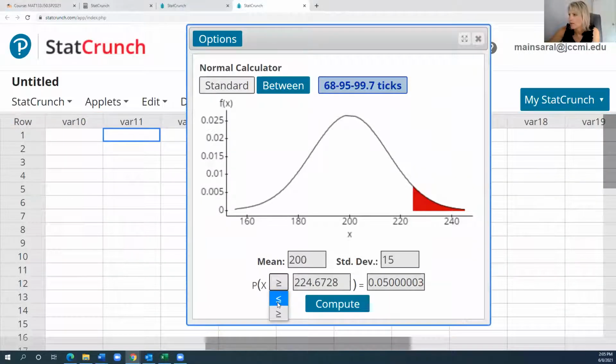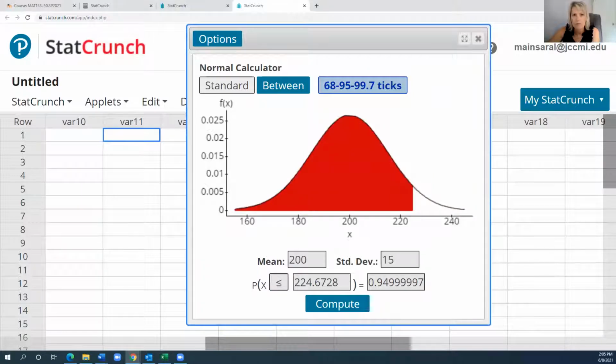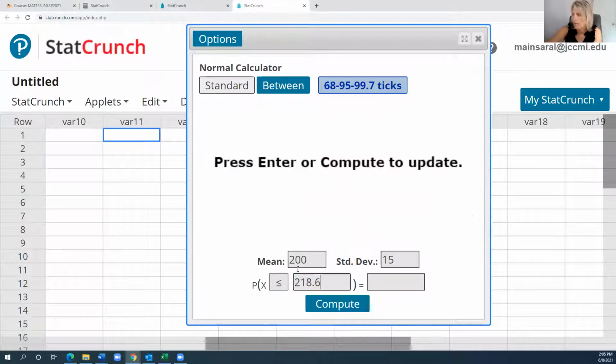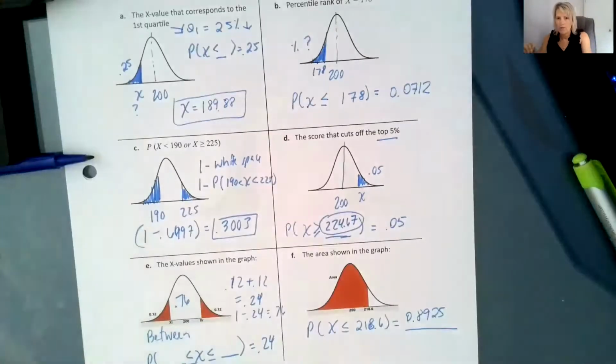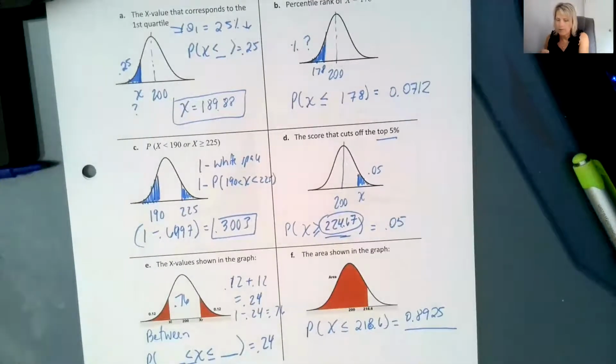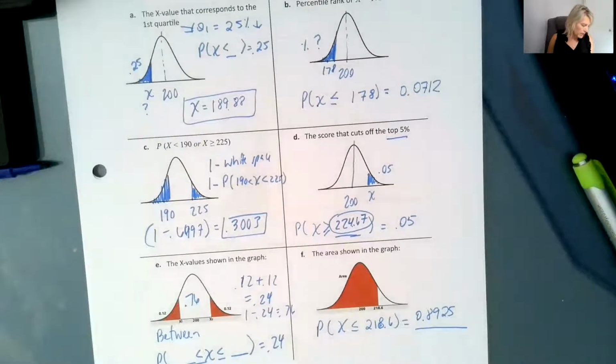And we are at a less than or equal to, and we said 218.6, enter, and that comes out to be 0.8925. So that rounds out the very first page of this worksheet.